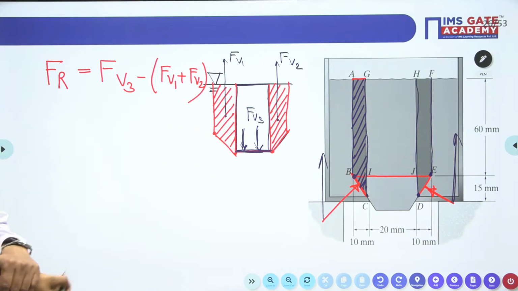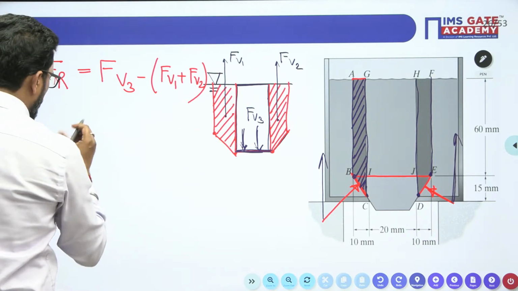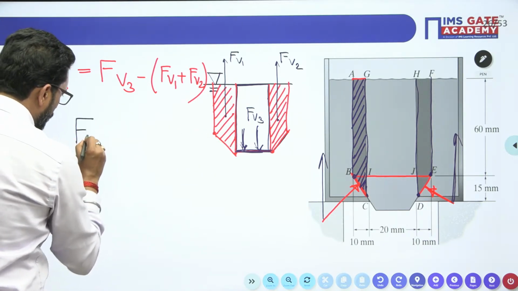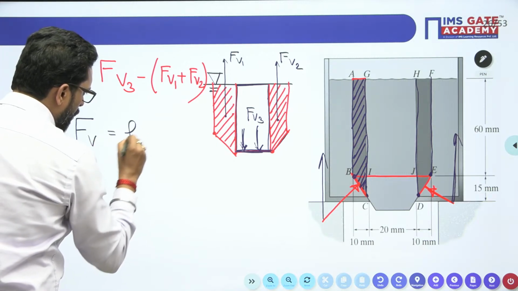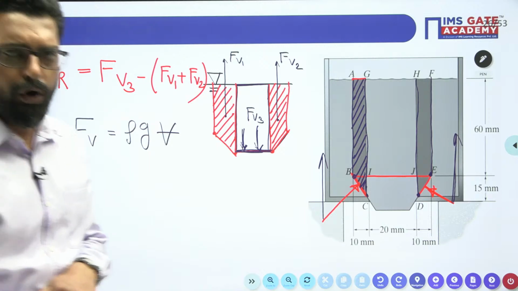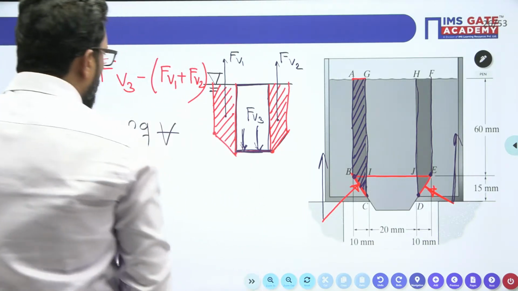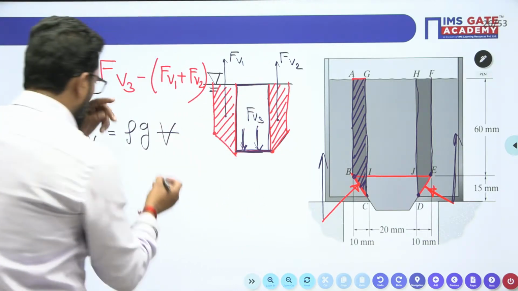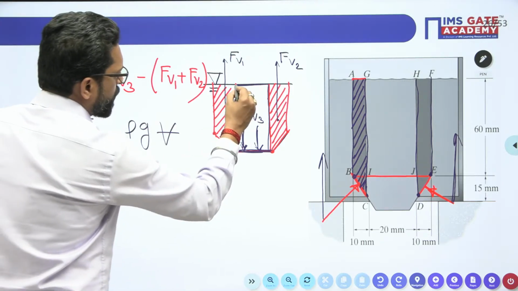What is the FV3? This is the vertical force. So we know that the vertical force is rho g into volume. So the vertical force for this one is rho g times the volume of this portion.